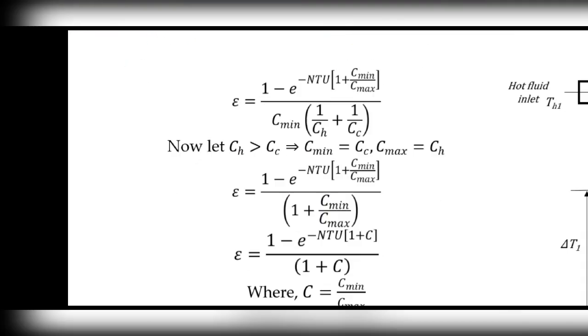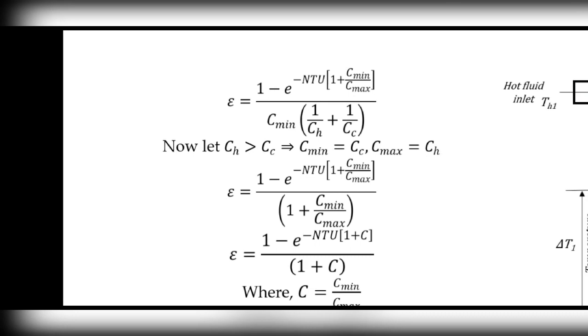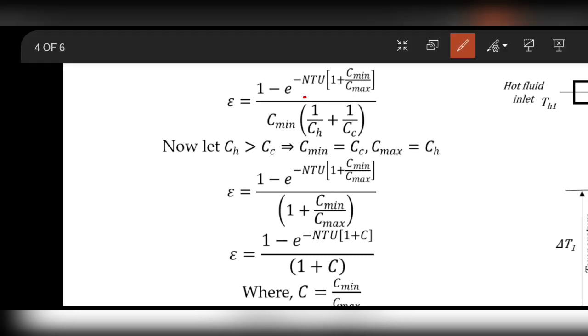As I said, I need an equation for effectiveness, so I'll write the effectiveness equation as epsilon will be equal to 1 minus e to the power of minus NTU into 1 plus C minimum by C maximum divided by C minimum into 1 by CH plus 1 by CC. Now let us assume CH is greater than CC.